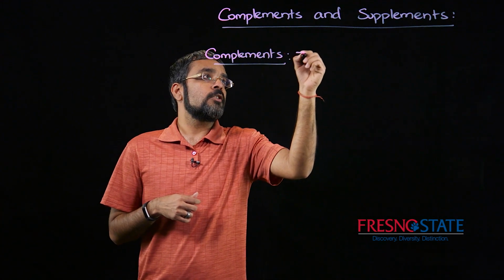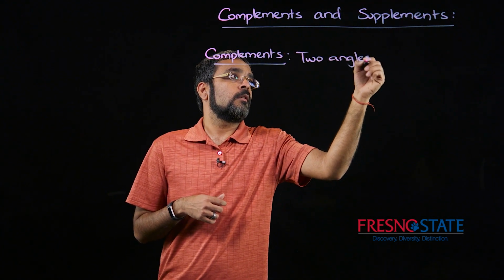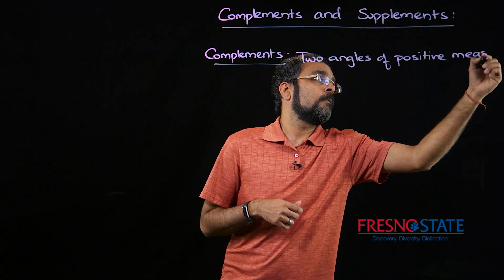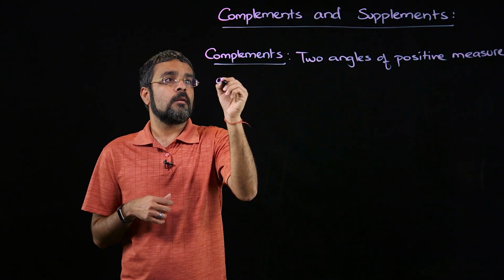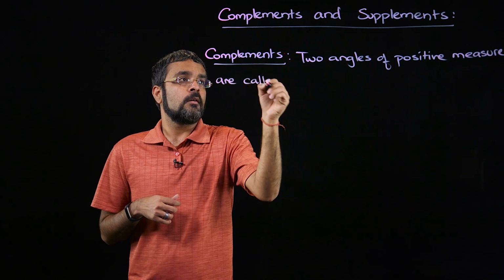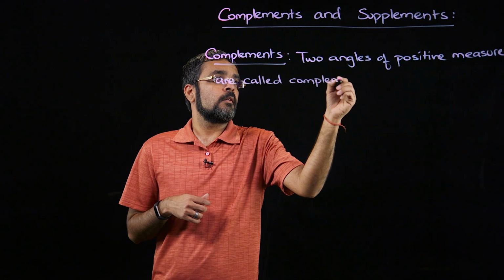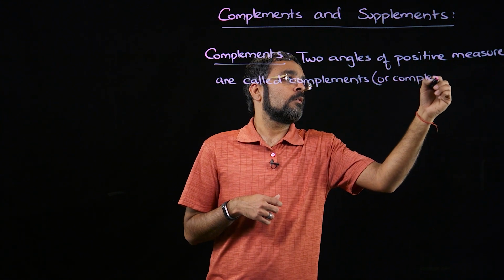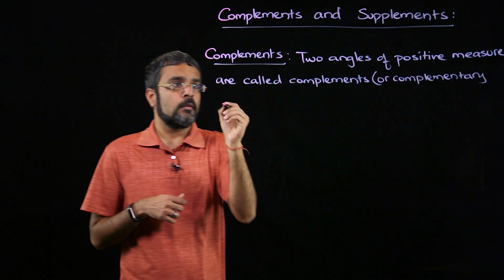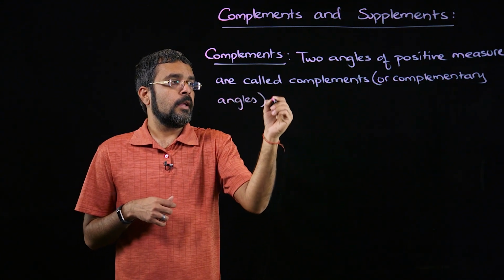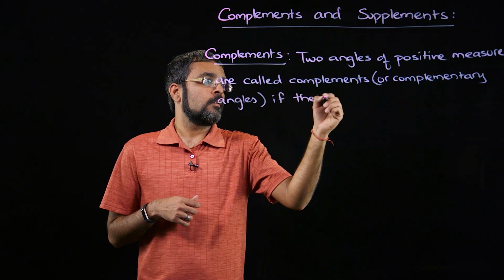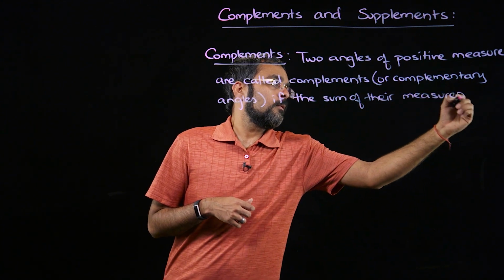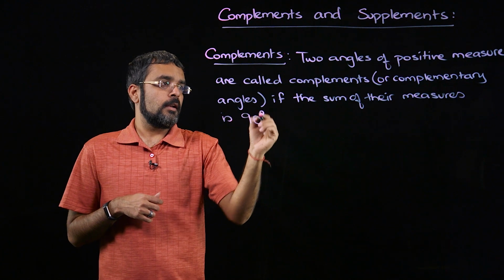So two angles of positive measure are called complements or complementary angles if the sum of their measures is 90 degrees.